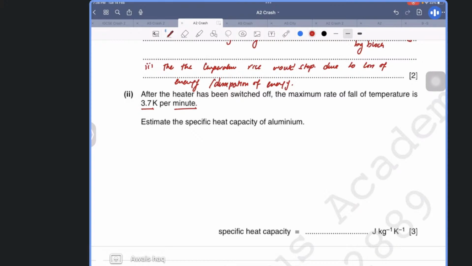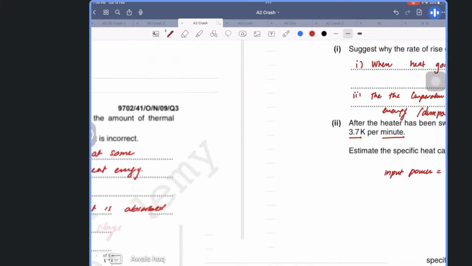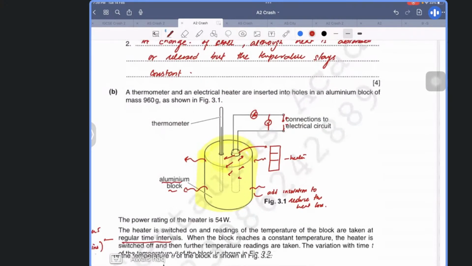When it reaches a certain level where it is at equilibrium, we can say whatever the input power is, that would be equal to the rate of heat loss, right? So this is basically when the temperature stops rising. So we want to find the heat capacity. That's fine. The power of the heater, the maximum power, is already given somewhere, I believe.